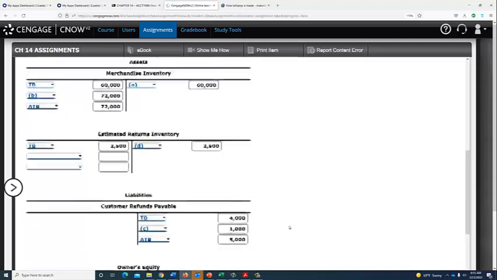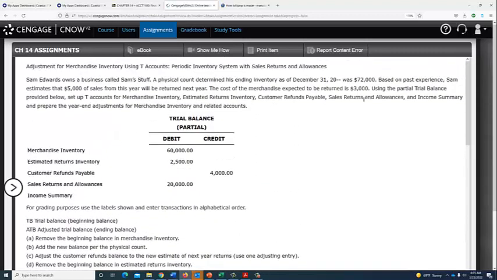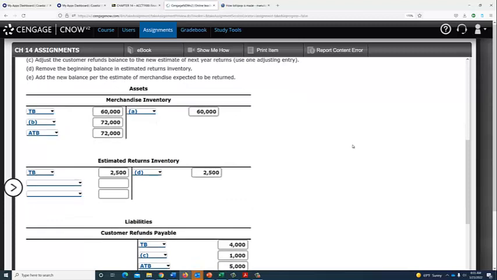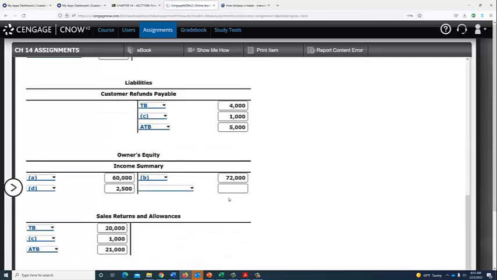Okay, so we've removed the old number, and remember the new number is 3,000, so we will debit estimated returns inventory for 3,000, and then run the offsetting credit through income summary.